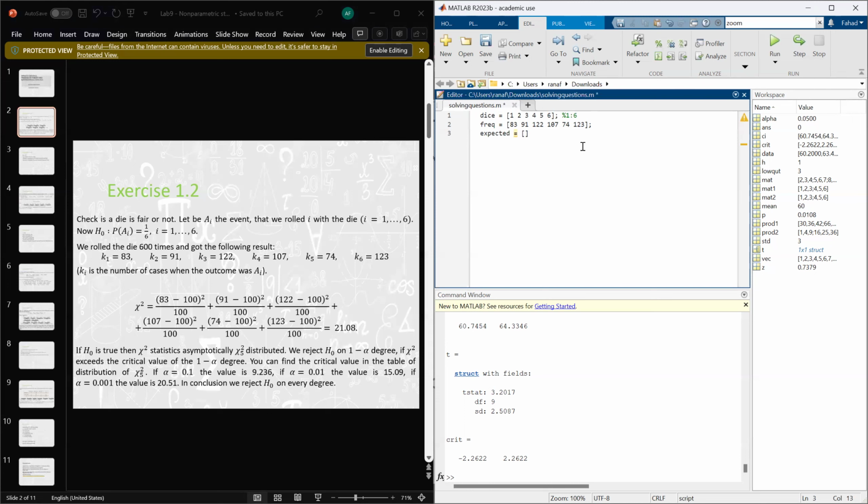So in an ideal world, all the sides should have a perfectly equal probability. So it would be 100, 100, 100. And I actually recommend you write it yourself manually 6 times, and I'll show you why. Okay, this is the expected.